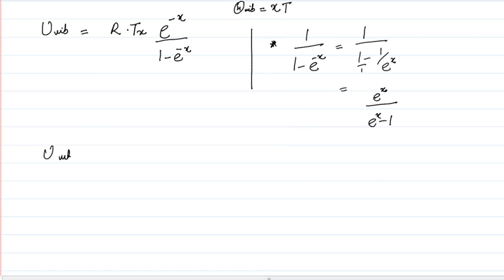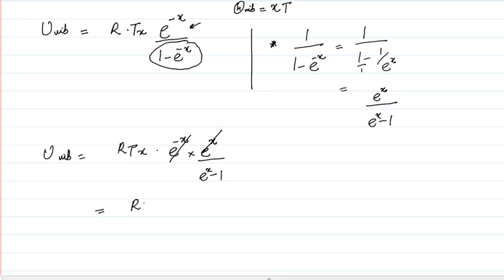So internal energy, vibrational internal energy will be equal to RTx into e raised power minus x is here, and in place of this part we will introduce this part. That means multiplied by e raised power x upon e raised power x minus 1. Okay, so this and this will go, it will be equal to Rx upon e raised power x minus 1.